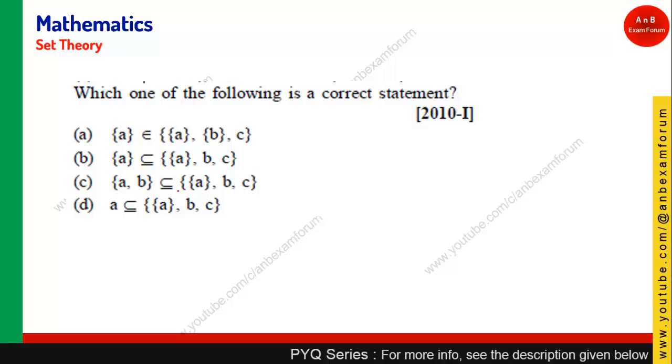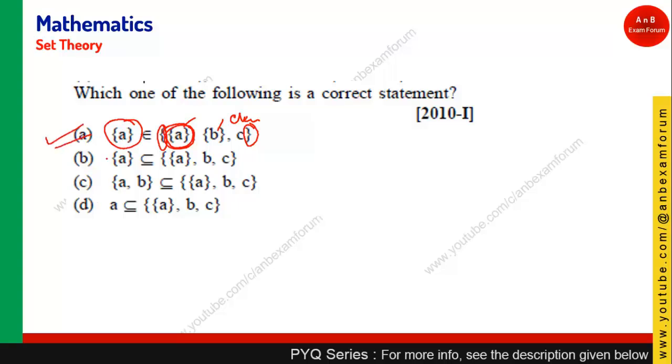As I told you, inside these braces, whatever is separated by commas is known as an element. As you can see, this A belongs to this particular set. Yes, this element belongs to this set, so this is correct.